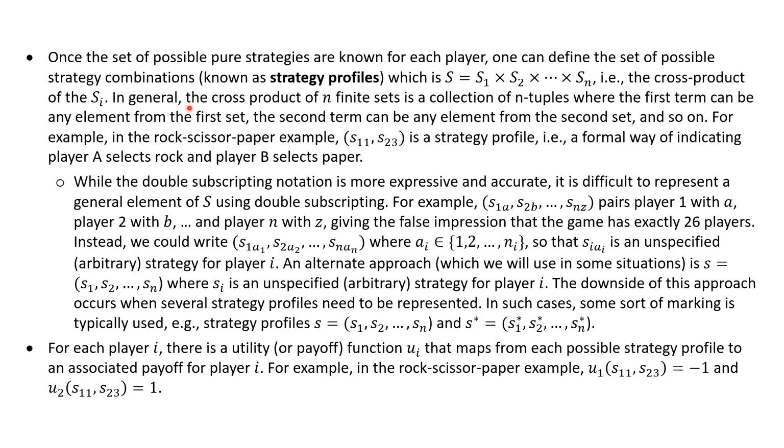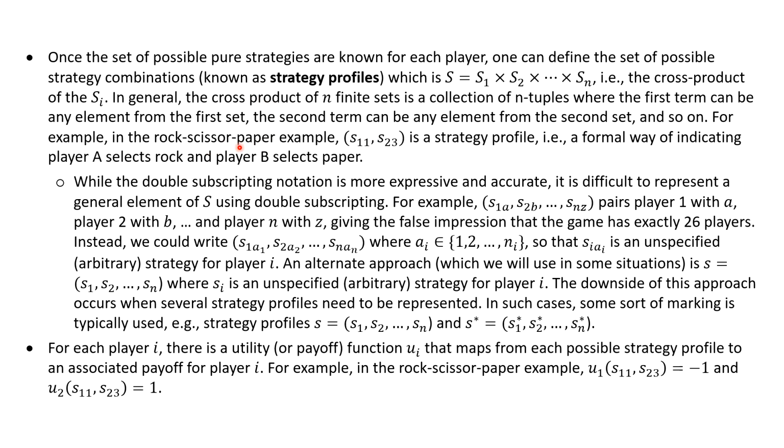So in general, in set theory, the cross product of n finite sets is a collection of n tuples where the first term can be any element from the first set, or S1 in our case here. The second term could be any element from the second set, or S2, and so on. So I have a concrete example.